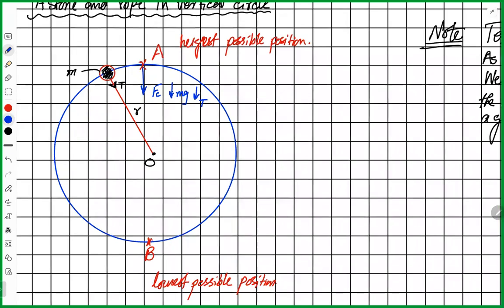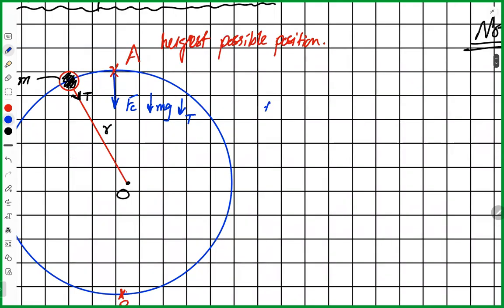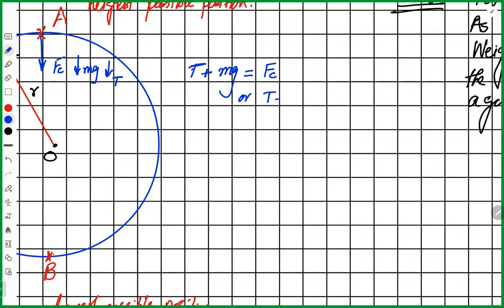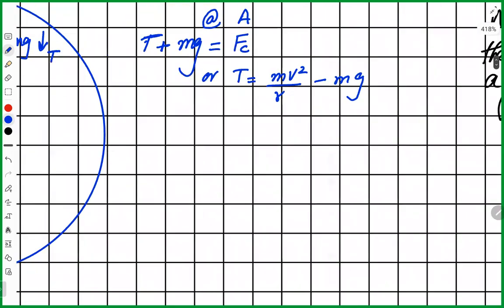So somehow tension and gravity get together to produce the required centripetal force, or T equals mv square over r minus mg at A. So T will have this value. Later you will find out that it will be the least value of T.